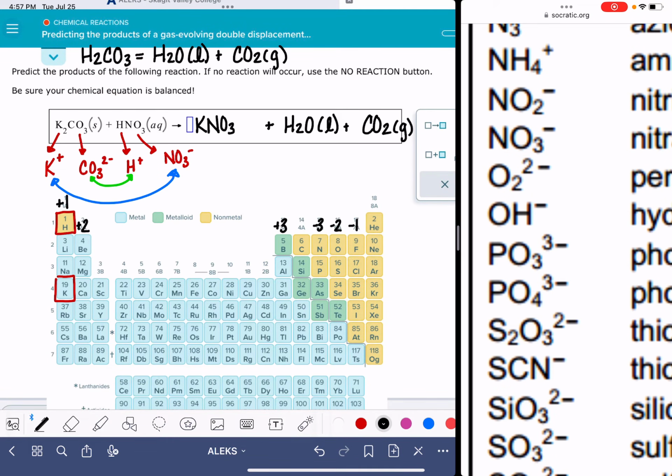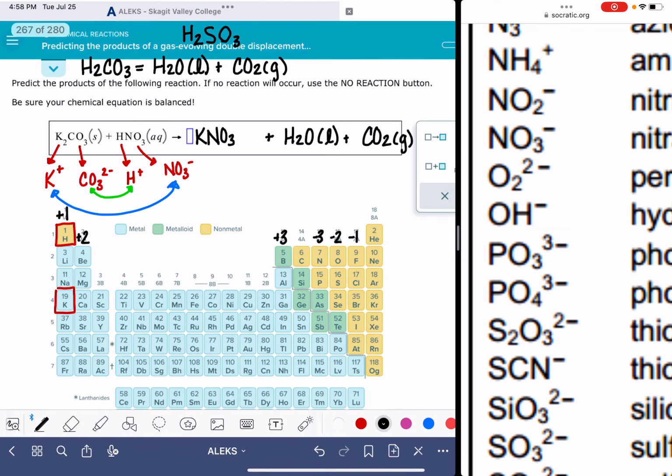Some of the reactions that I looked at produce the product H2SO3, and that molecule is also unstable and decomposes immediately to SO2 gas and H2O liquid.